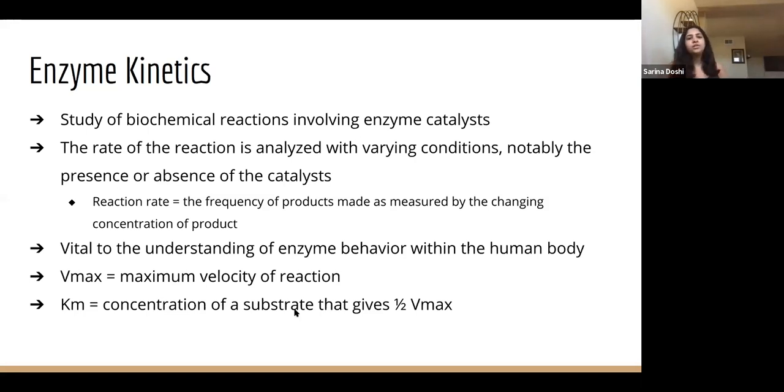So one thing you'll get out of this is the reaction rate, which is the frequency of products made as measured by the changing concentration of product. A whole bunch of chemistry is all about concentration or molarity, which you'll learn in, I think, any chemistry class.